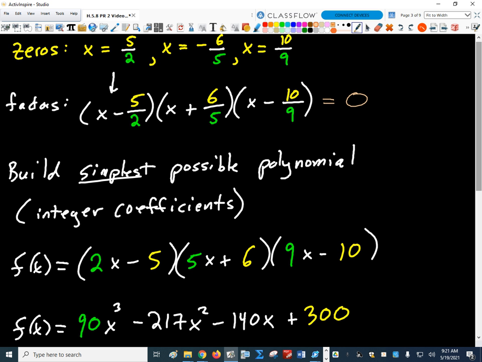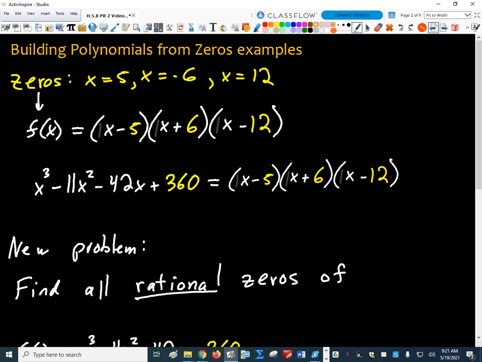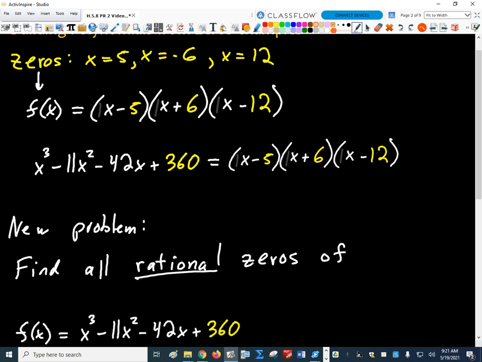The product of the numerators of my zeros is what gave me the 300. Just like in the previous example, these zeros were all integers, and so the denominators were 1, right? But the same pattern holds. The product of the numerators gave me 360, and the product of the denominators gave me 1.